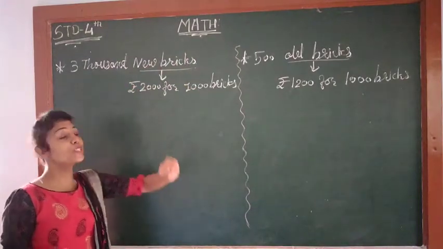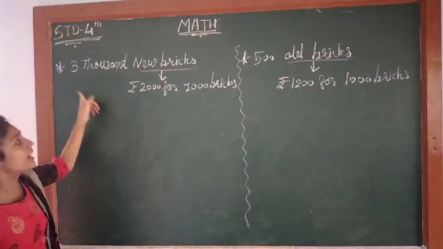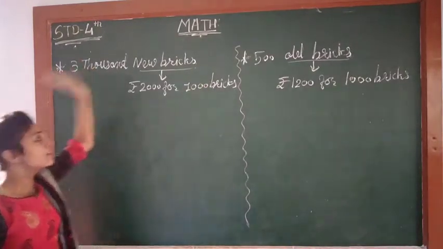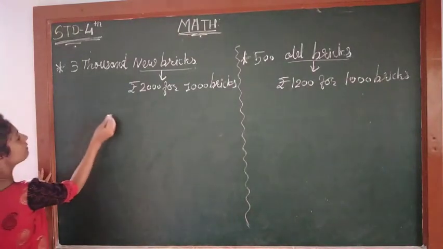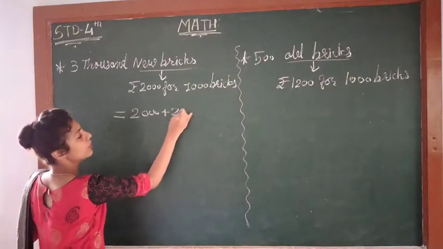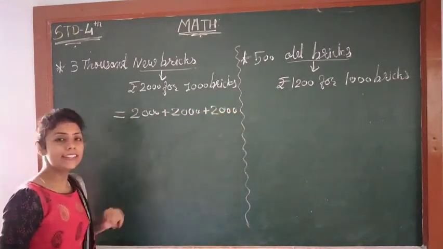ये price किसकी है? New bricks की. Now Bhajan wants to buy 3000 bricks, and here we have the price of 1000 bricks. So for 3000 bricks, what will we do? 2000 plus 2000 plus 2000. Why did I do this?